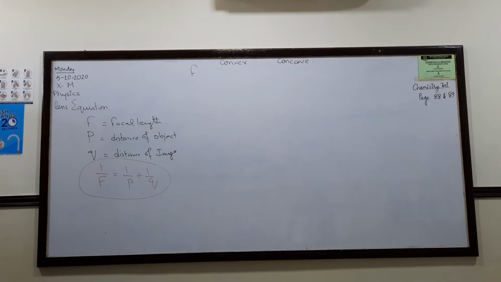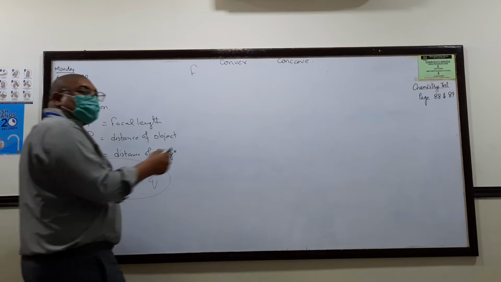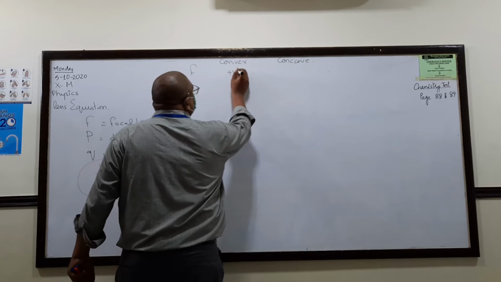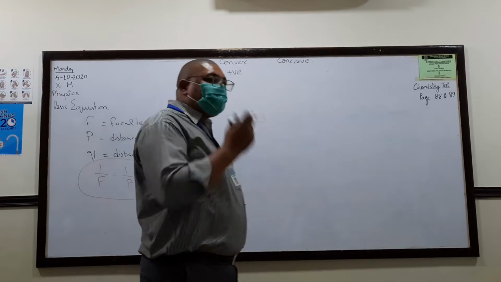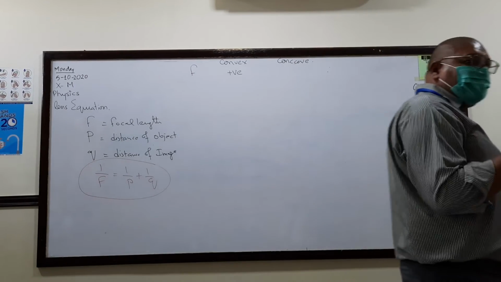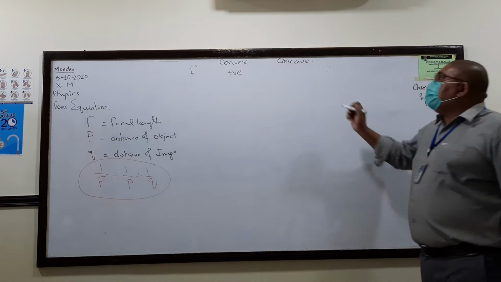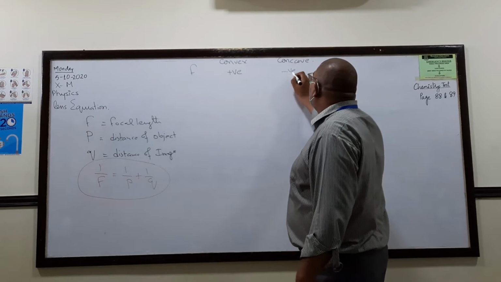When you use this equation, and because you have two kinds of lenses, the focal length of the convex lens is always taken as positive, but the focal length of the concave lens is taken as negative.